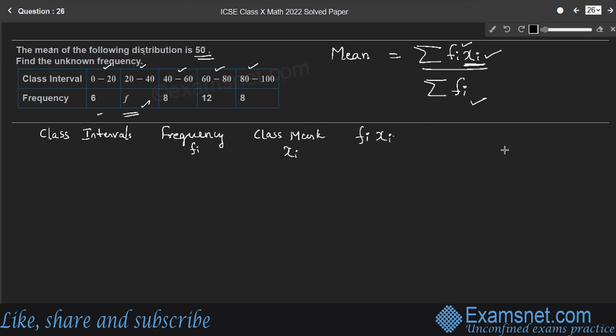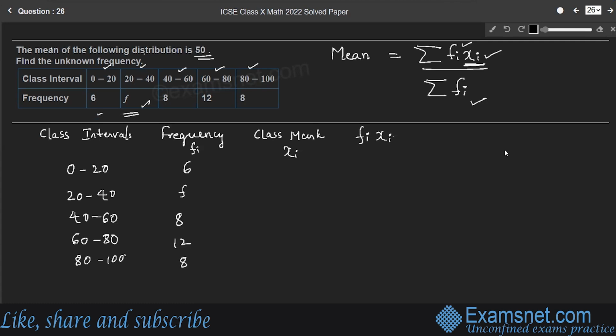So we'll take class intervals 0 to 20, 20 to 40, 40 to 60, 60 to 80 and 80 to 100. And the frequencies are 6, f, 8, 12 and 8.